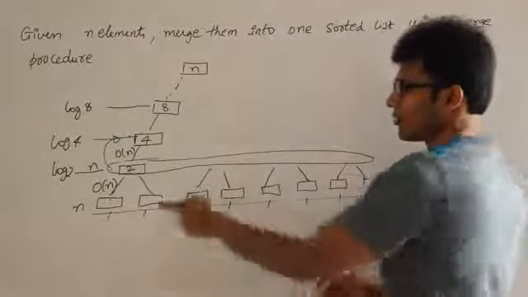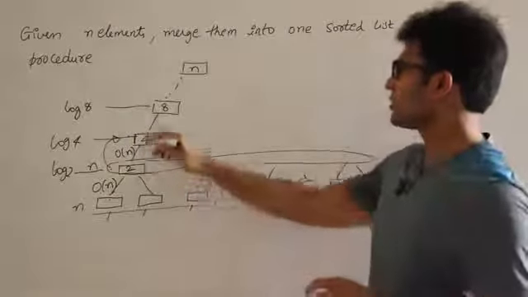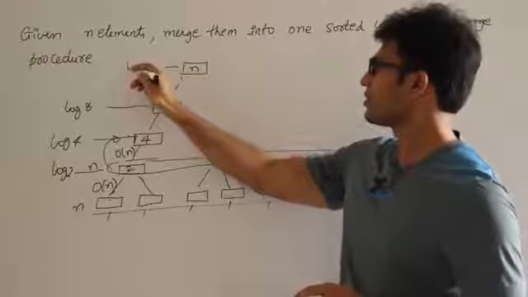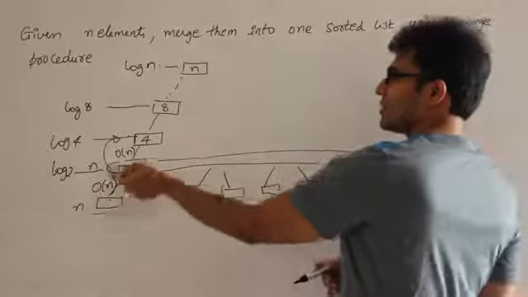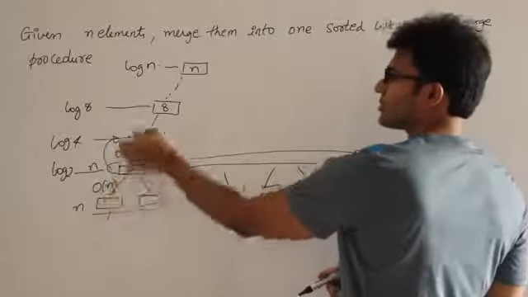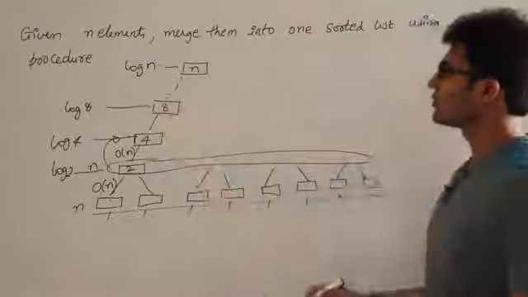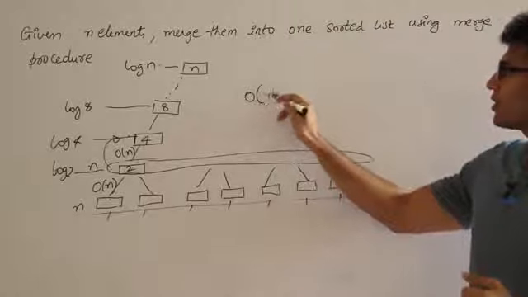Therefore, to reach from size 1 to size n, the number of levels I have to cross is log n levels, and to cross every level, the total work done is order of n. Then how many such levels do I have to cross? Log n. Therefore, the total time required for this problem is order of n log n.